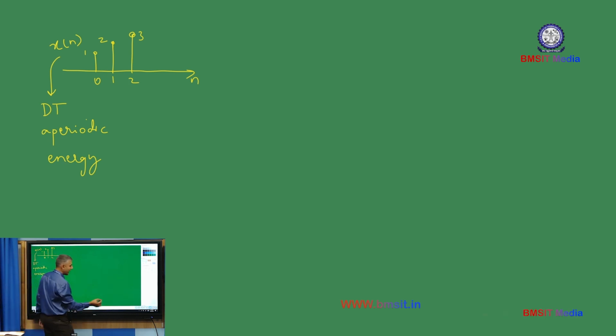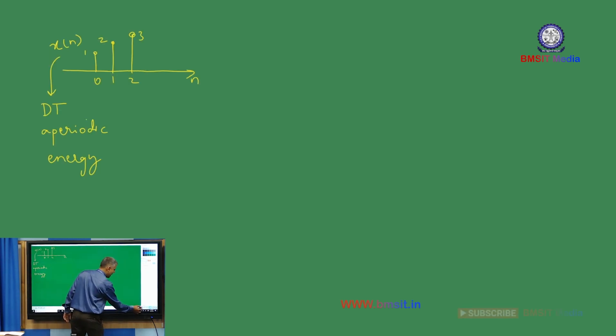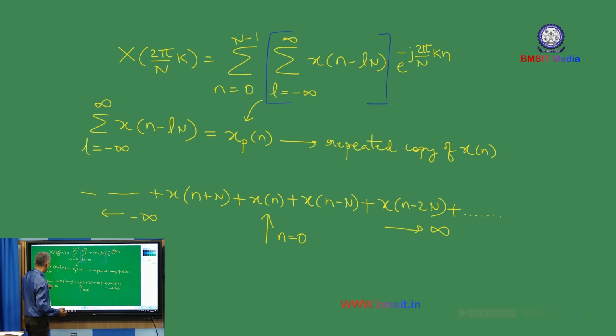Now what was x of n is known, but here we have a new representation called xp of n. So this xp of n is nothing but the repetition of x of n, shifted repetition. The first term over here is x of n in its location.